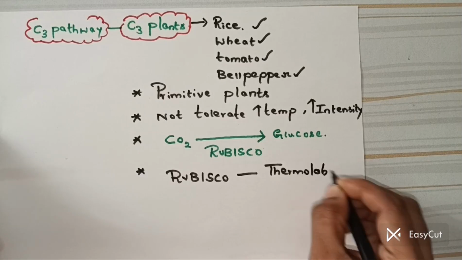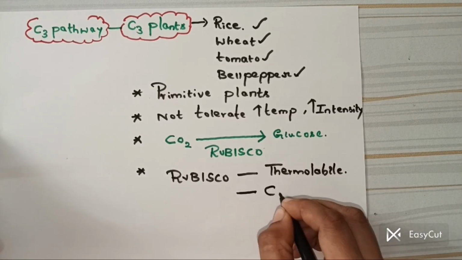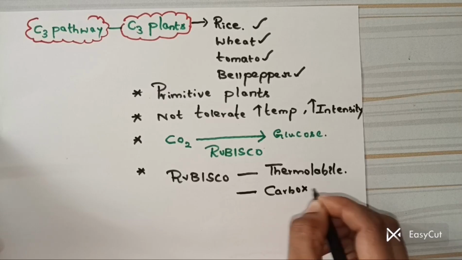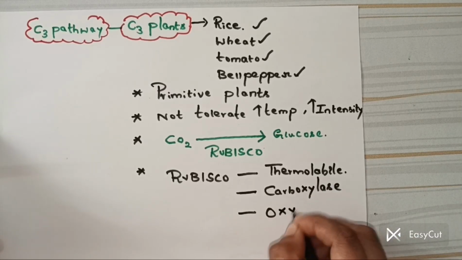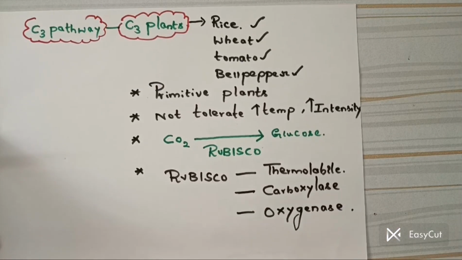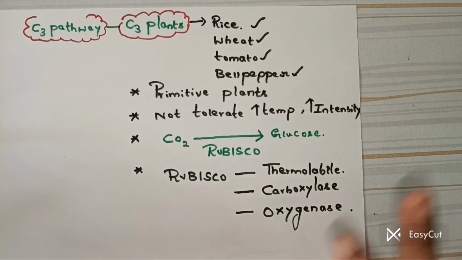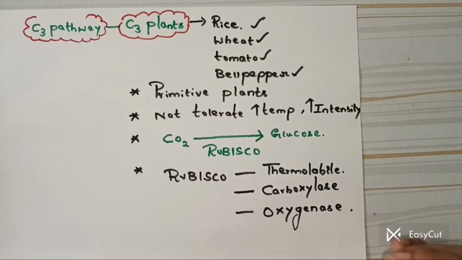It is thermolabile because it can act like a carboxylase, and it can also act like an oxygenase. My dear students, it has a dual role. Just due to fluctuations in temperature, it will act like a black sheep. It can act like a carboxylase, and it can also act like an oxygenase.